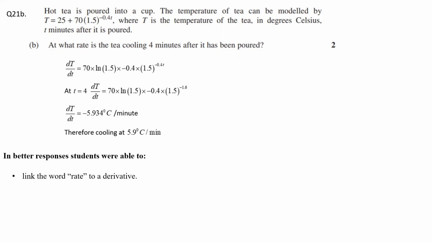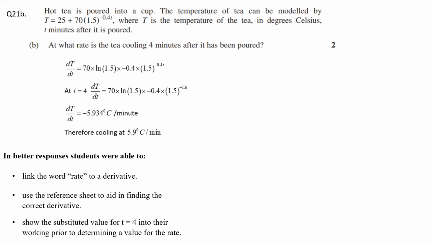Most of the students that did well linked the word rate to a derivative. They were able to use the reference sheet correctly, avoid making mistakes, and were also able to show the substitution of t equals 4 prior to finding the value for the rate. Putting t equals 4 in is a nice step because they're showing all the working out involved.